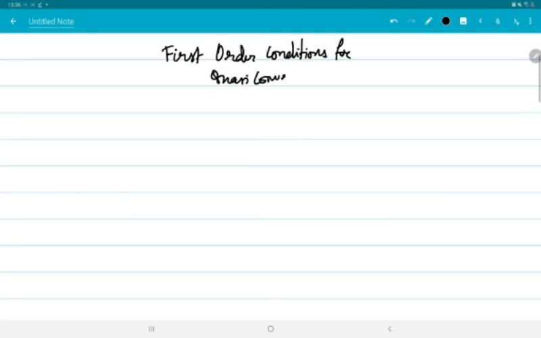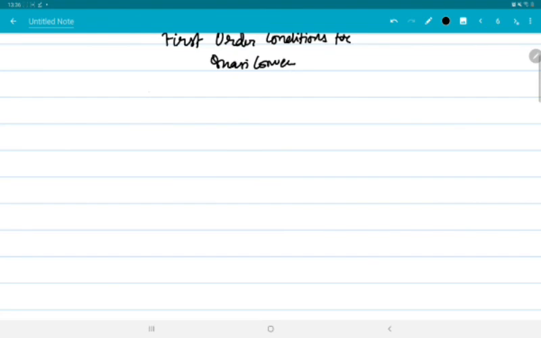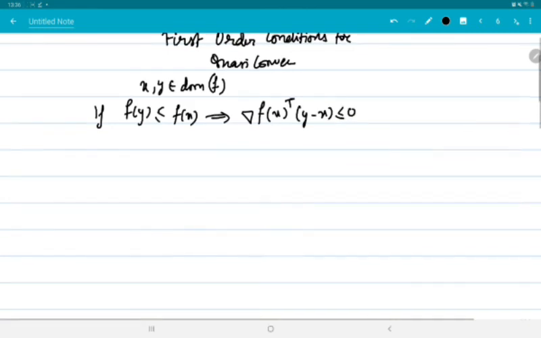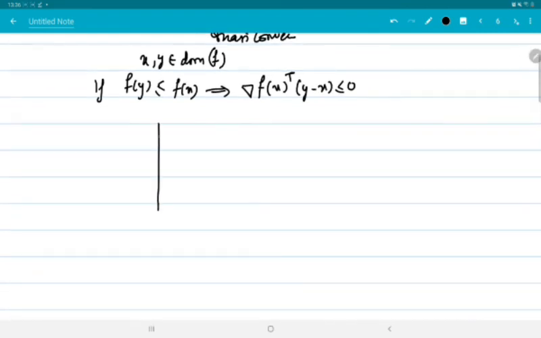The condition is this: if f of y is less than or equal to f of x, where x and y are two values in the domain of f, of course, this implies that the normal at x makes an obtuse angle with y minus x. Okay, what does it mean?